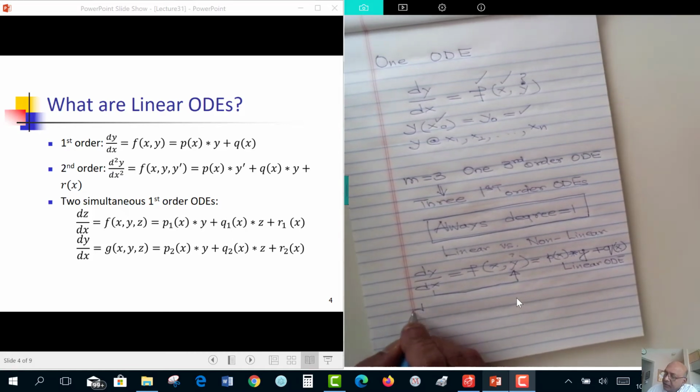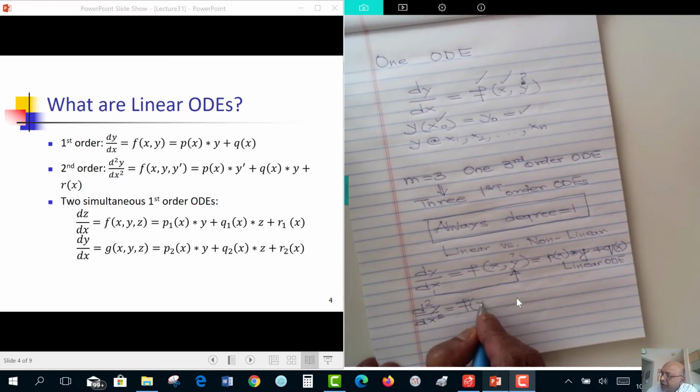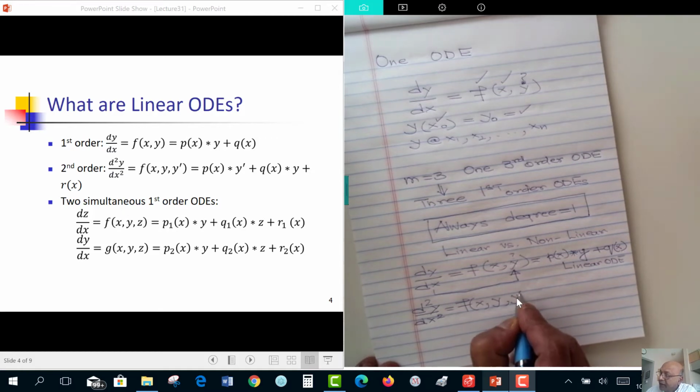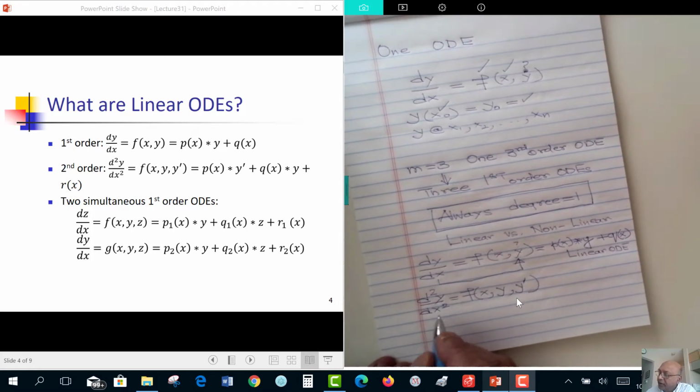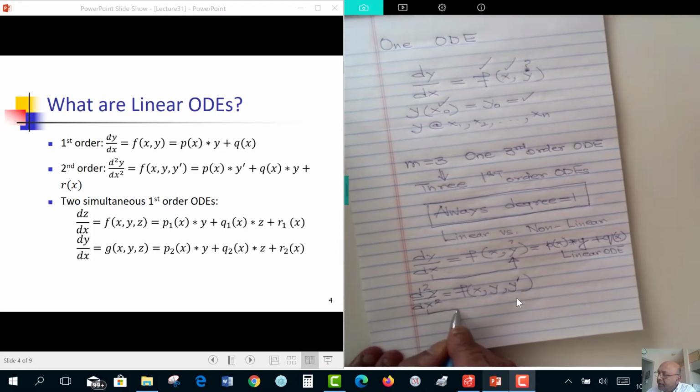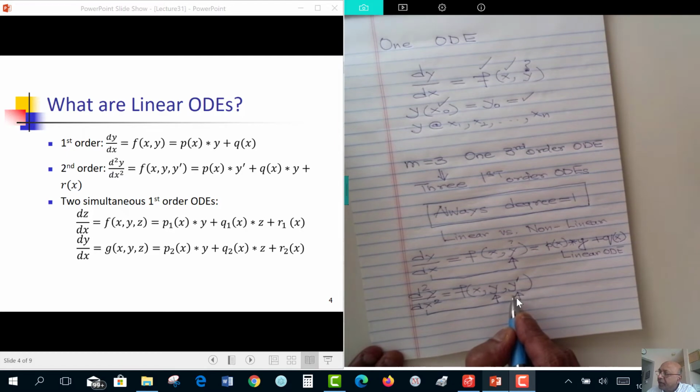Let's take another example. When we write a second order differential equation, we put everything on the other side, which can involve x, can involve y, can involve dy dx, which we'll write as y prime. Now this is second order. If this was linear, then the second derivative would be linear in y and linear in y prime.